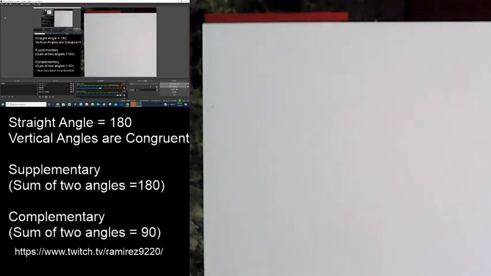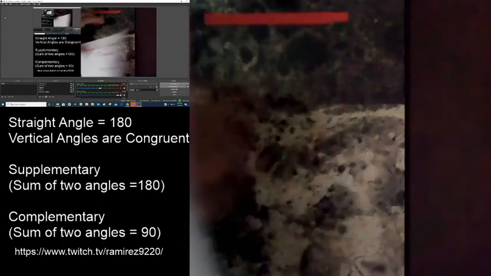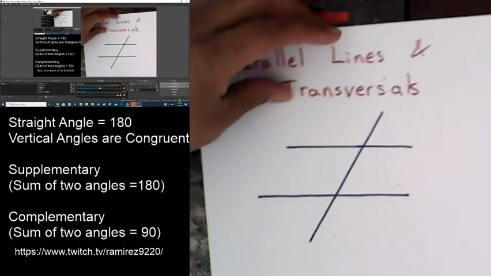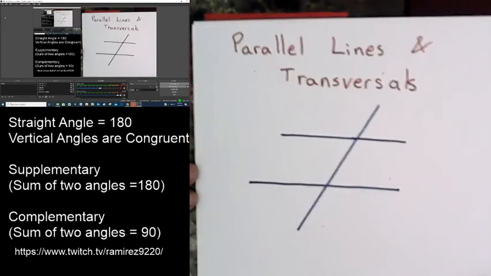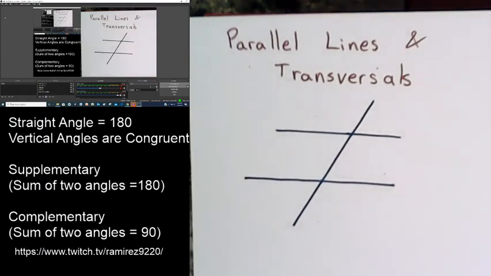Now that we have a general idea of what these basic angles are, we can go into this next part: parallel lines and transversals. I'm just going to do a quick intro, and then I'll do another video where we go into more detail. Let's pretend for now that this line right here was not there.